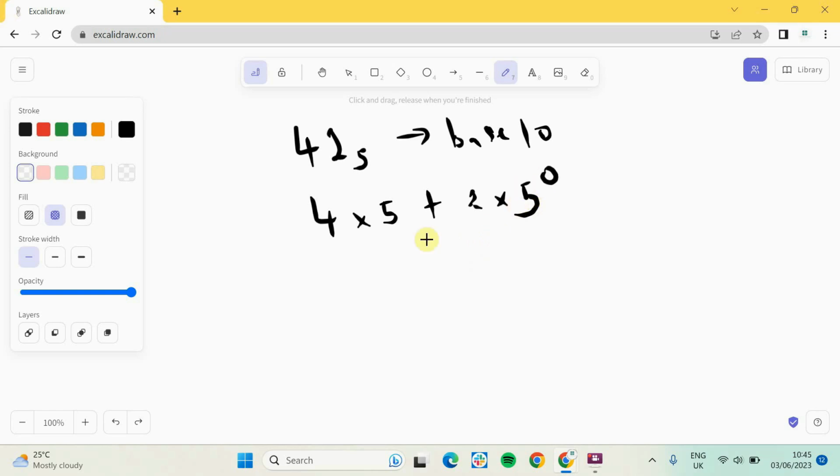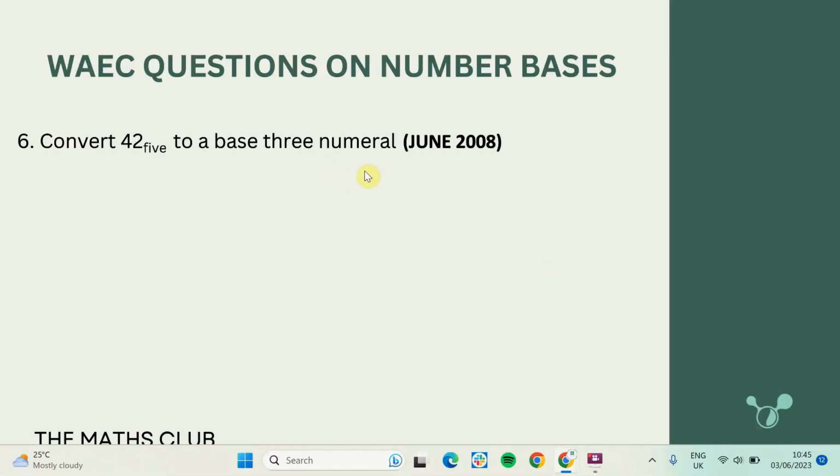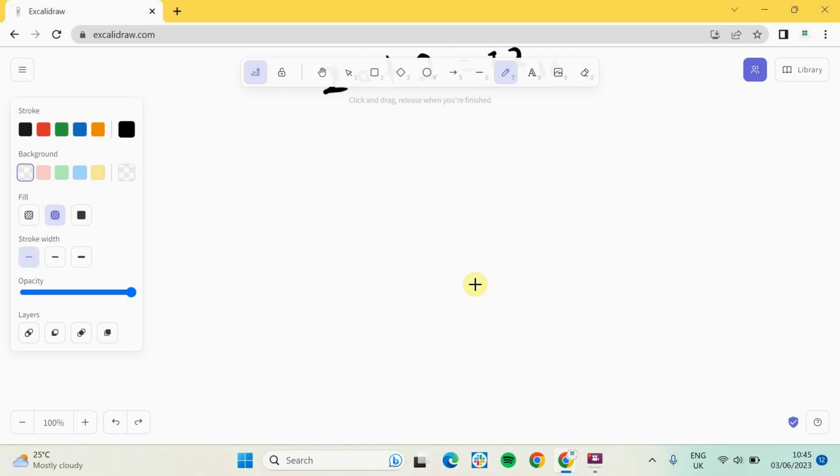So this is 0 and this is 1. So 4 times 5 is actually 20, plus 2 times 5 to the power 0. 5 to the power 0 is 1, so 2 times 1 is 2. So we have 22 in base 10. But instead we should convert the value to base 3. So we have to do our long division method.